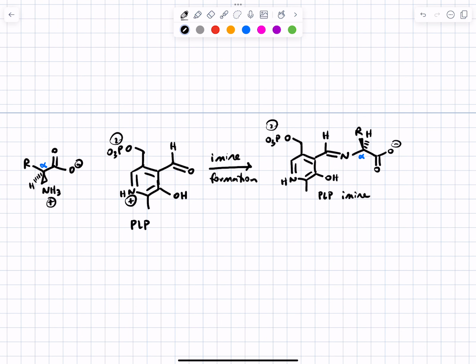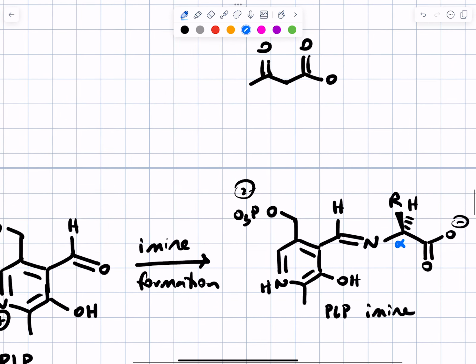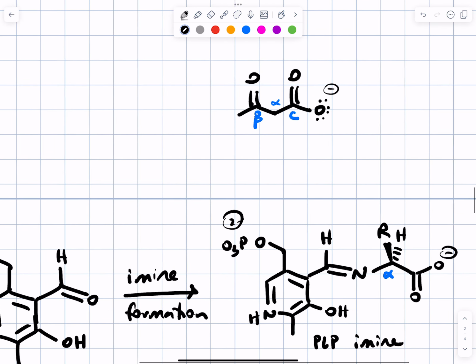Before I show that to you, I'm going to remind you of something I told you last time, which is how beta keto acids can decarboxylate. I'll focus on the basic conditions where you're dealing with the carboxylate group.